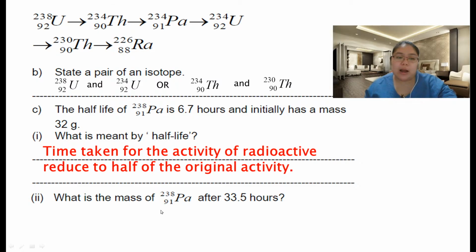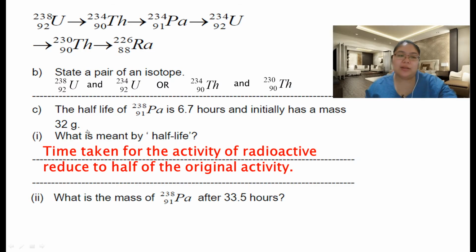Okay, now what is the mass of the Pa after 33.5 hours? So one half-life is 6.7. Now I say 33.5. I need to find out how many half-lives are inside first. After I find how many half-lives, then I need to use 32 gram, which is the initial. I need to count how many half-lives first, then find out how much will be left.